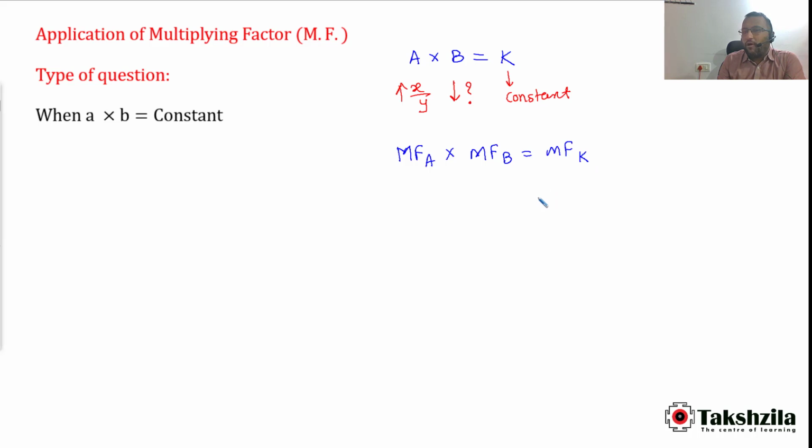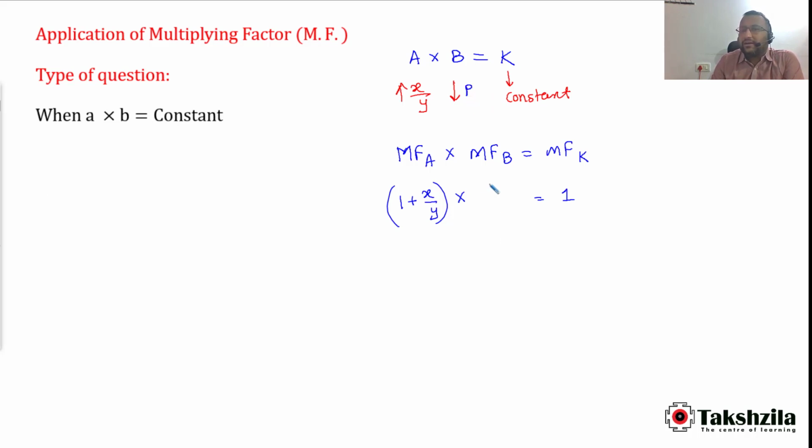So multiplying factor for a into multiplying factor for b is equal to multiplying factor for k. As we want to keep the value of k constant, the multiplying factor for k becomes 1. Now the value of a increases by x divided by y, so the multiplying factor of a will be 1 plus x divided by y. To keep the multiplication constant, we need to decrease b. So let's say b decreases by fraction p.